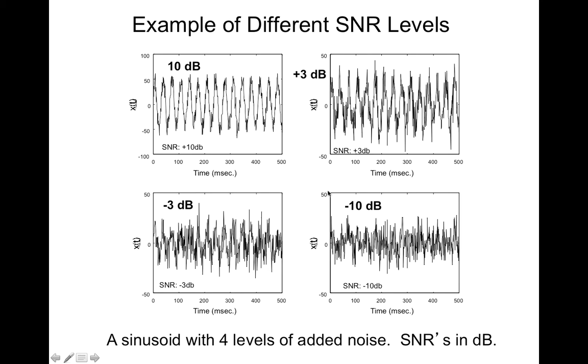So you can see that by the time you get to minus 10 dB, you really can't distinguish the original waveform. Minus 3 dB, maybe you can see a little bit of that sinusoidal oscillation, but you certainly wouldn't be able to distinguish any kind of frequency or anything like that. So really, you need to be at the ratio of 3 dB or higher to really distinguish your signal visually from the noise.